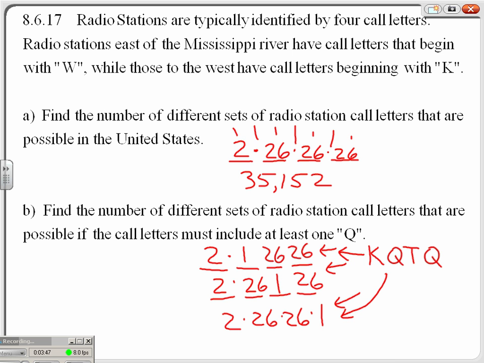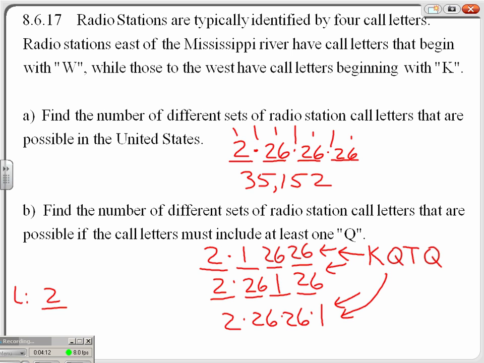Now, if we consider we win if there's a Q in there, we may be able to sneak in the back door on this one and say, okay, if we win by having a Q represented in the call letters, how could we lose? Well, we'd lose if there were no Q's. So how many ways can we lose? Well, we don't have any choice for the first letter.